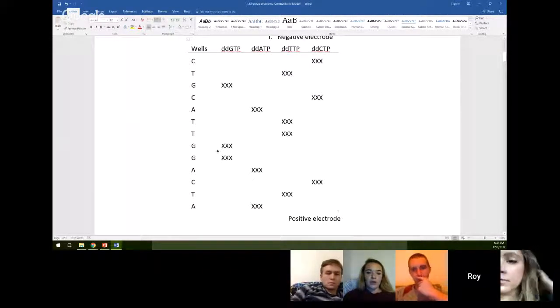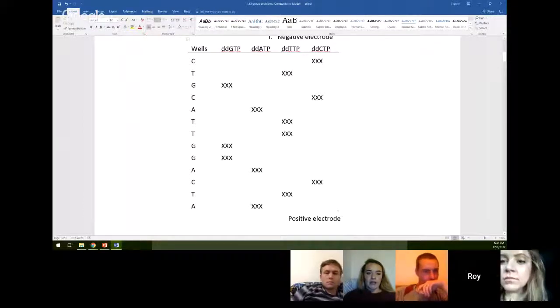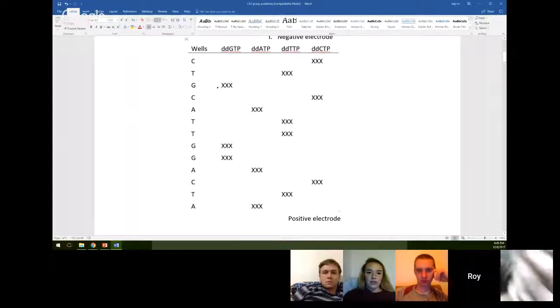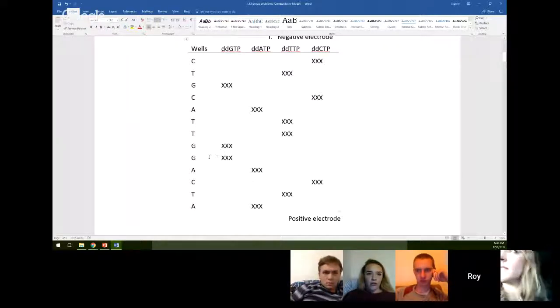So every time it hits the complementary base, it's just going to get shorter and shorter, and every single time there's supposed to be a G added, you're going to have a longer or shorter fragment. Yeah. It's going to be like that for every single ddATP, ddTTP, and ddCTP. And this is just what the electrophoresis looks like. Yeah.